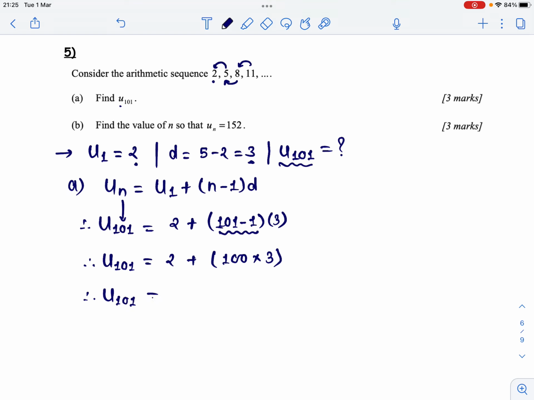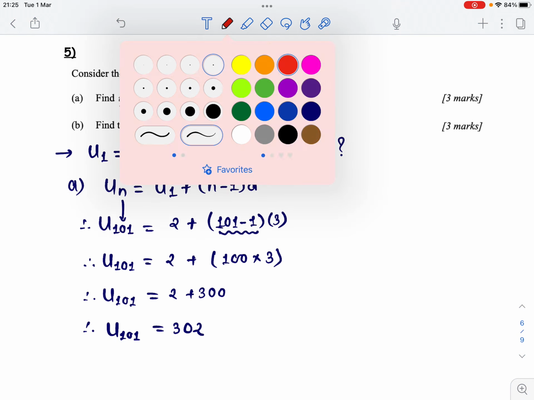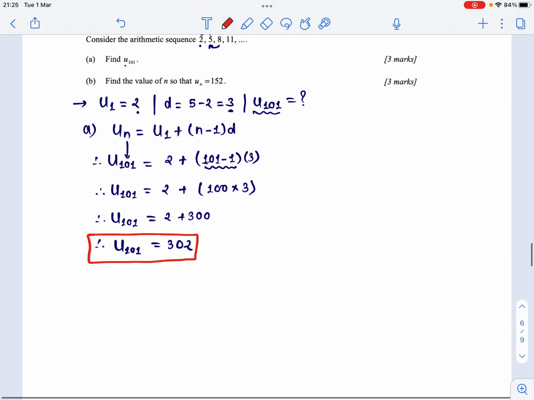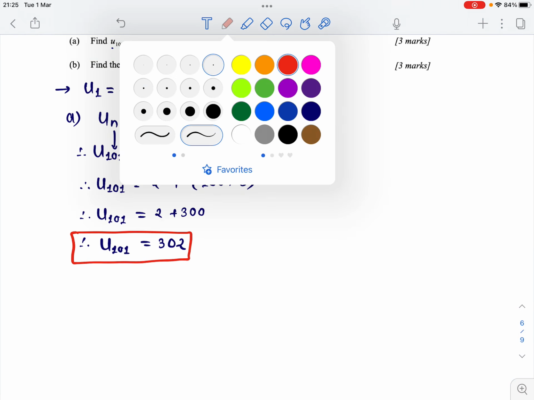So u of 101 is equal to 2 plus 300, which is 302. First part is over.